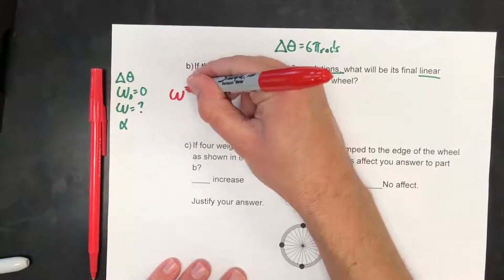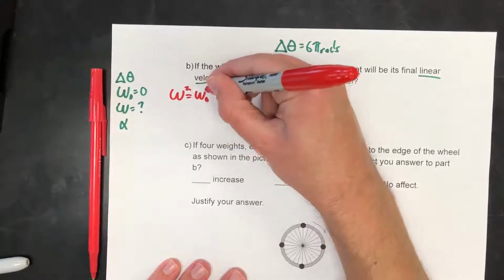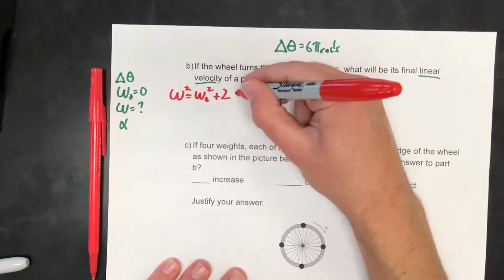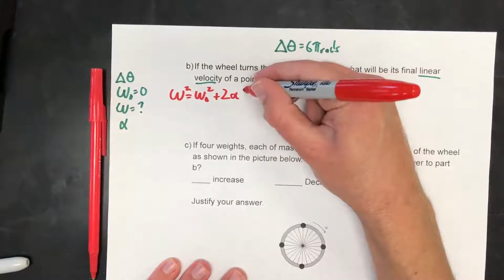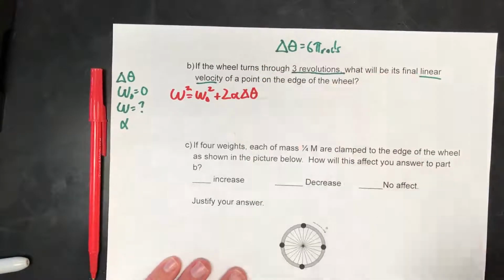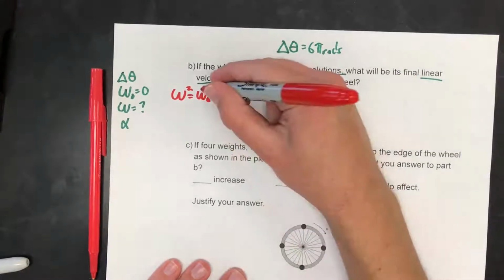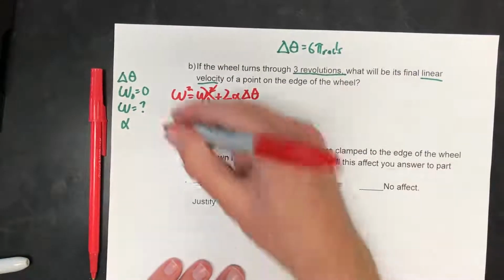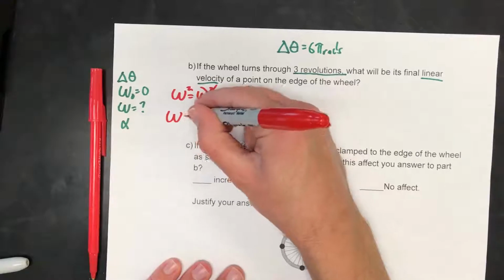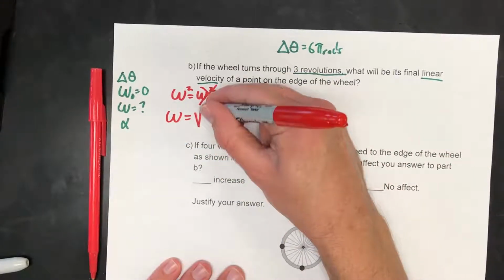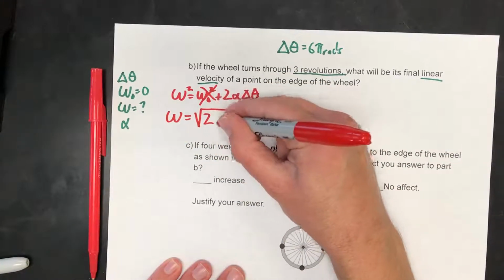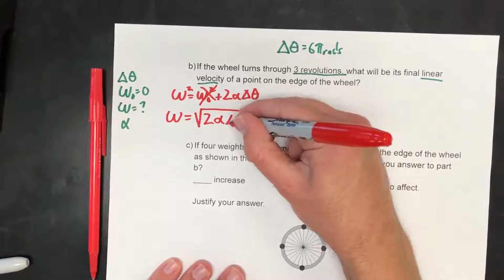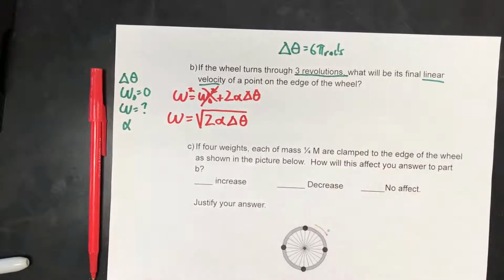So the final velocity squared is equal to the initial velocity squared plus 2 times the acceleration, angular in this case, times the displacement, angular in this case. There is no initial velocity, so let me go ahead and write this line. The final angular velocity will be the square root of 2 times the angular acceleration times our angular displacement.